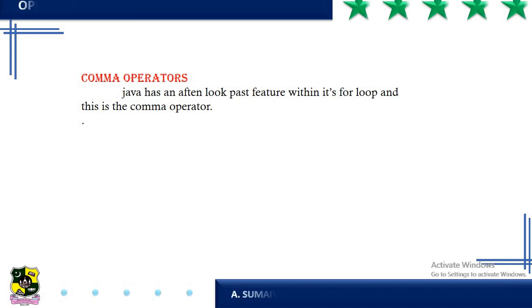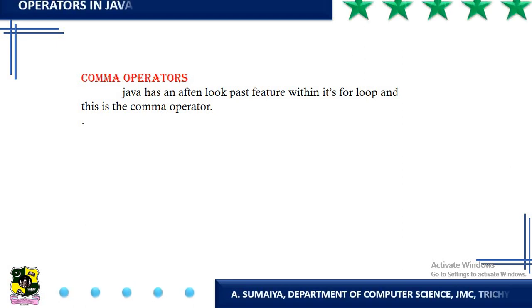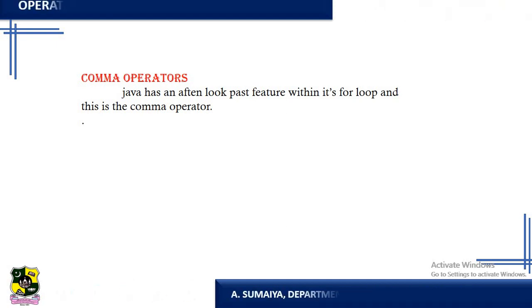The sole use of a comma operator in Java is in a for loop. Next operator is string plus operator. The string plus operator is used to concatenate strings. It applies if an expression begins with a string.